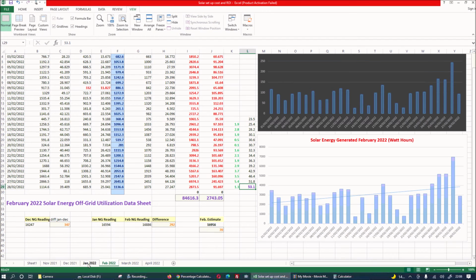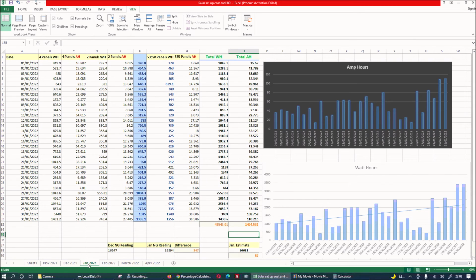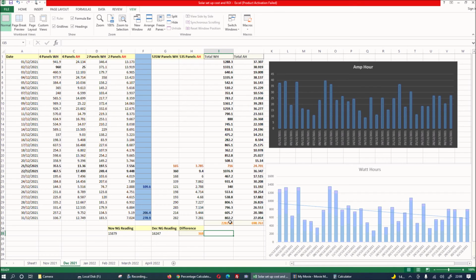And let's go back to January. In January, I had not installed the energy meter, so this is all I generated. December was the worst out of the entire year of 2021. I generated 22.8. I would normally just look at it that I used about 70% of it.